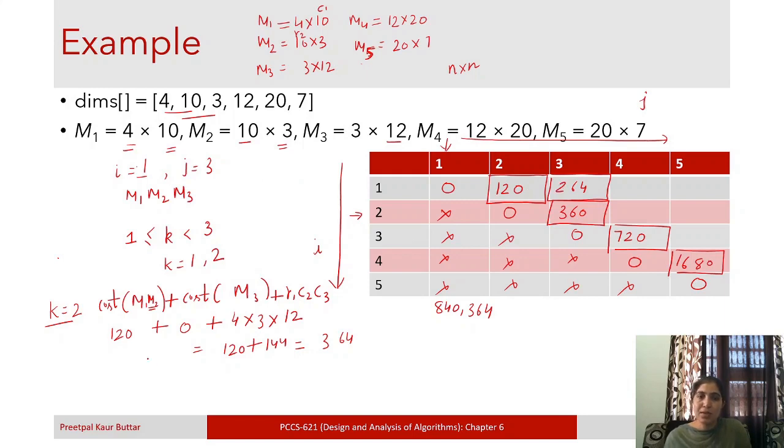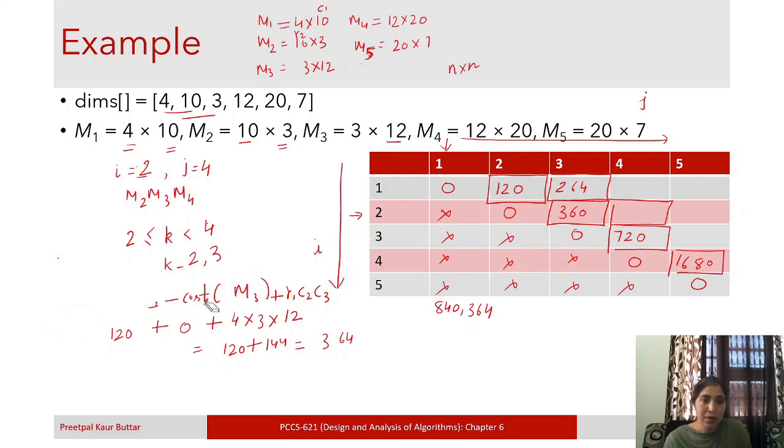Okay. So similarly, you will now move to this cell, which is 2 comma 4. So your matrices are starting from matrix 2 till matrix 4. So 2, 3, 4. So k here is starting from 2 and k is less than 4. So you have two options for k. K can be 2, k can be 3. Okay.